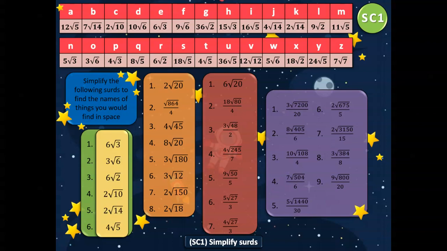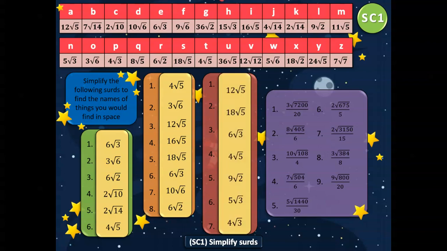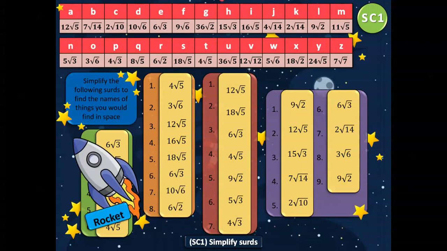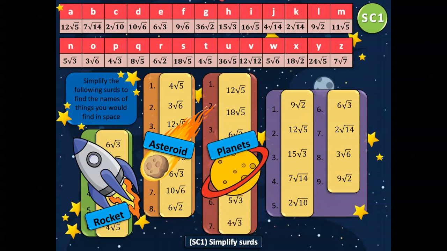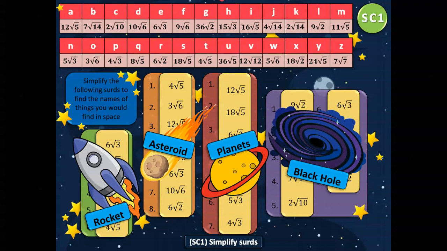So there's your green answers. There's your amber answers. There's your red answers. And there's your purple answers. The greens made rocket. The ambers made asteroid. The reds made planets. And the purples made black hole.